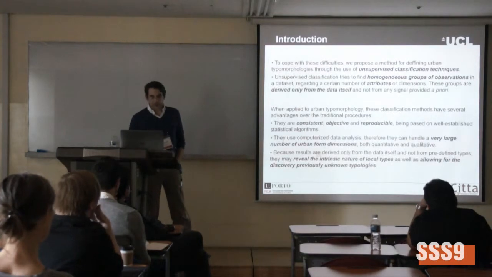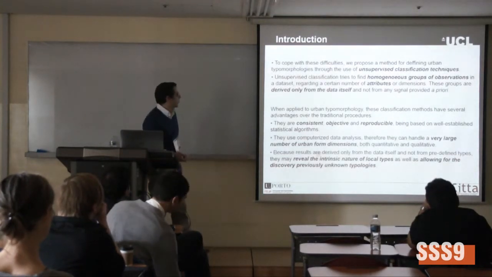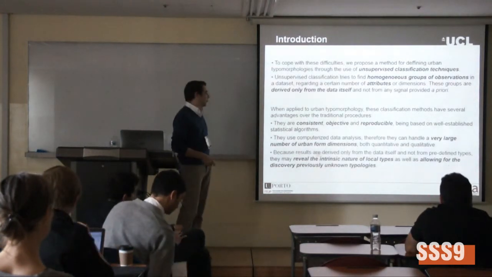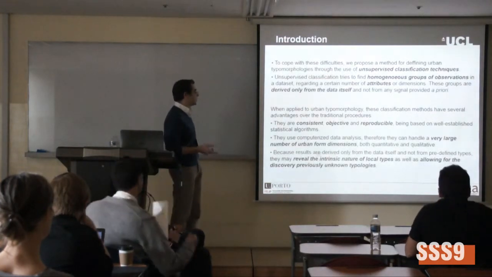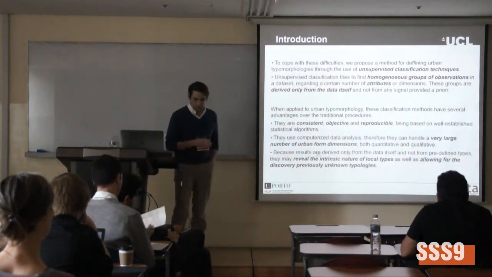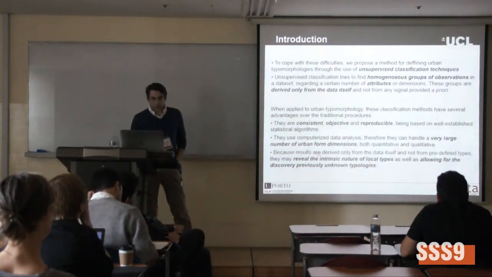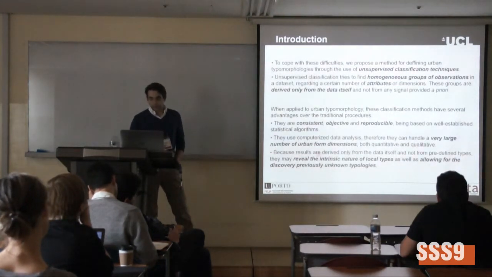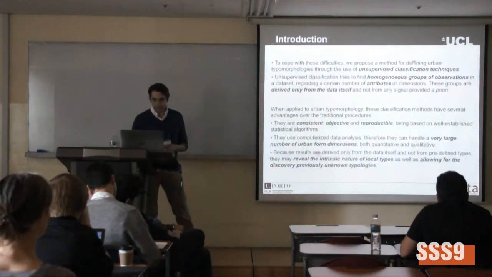So if we apply this to urban typo-morphology, we can have several advantages. First, if several procedures are taken into account, the classification may be rather consistent, objective, and reproducible, because the method is deterministic. They use computerized data analysis, so a large number of attributes may be included, and very large samples may be analyzed.